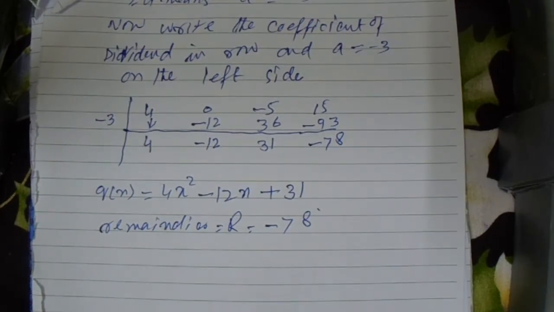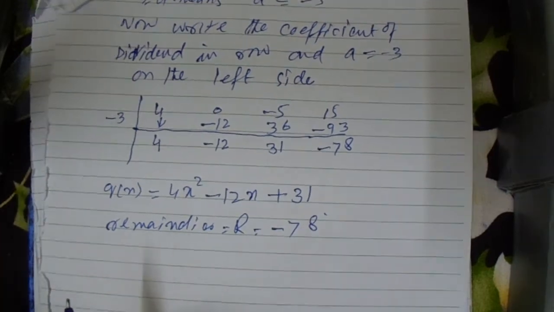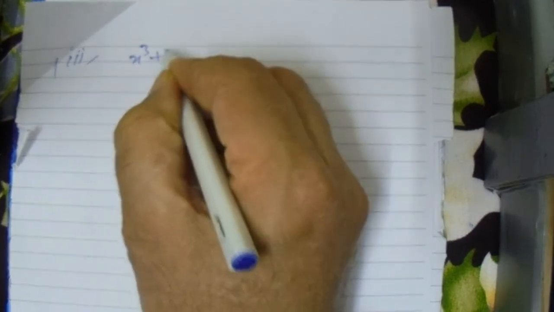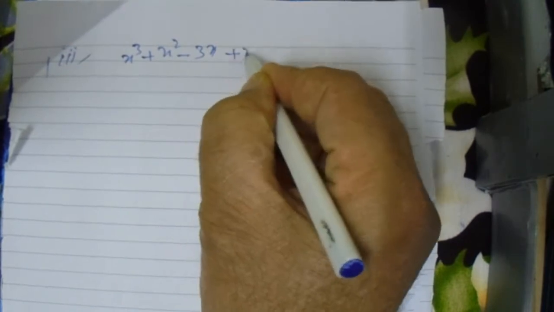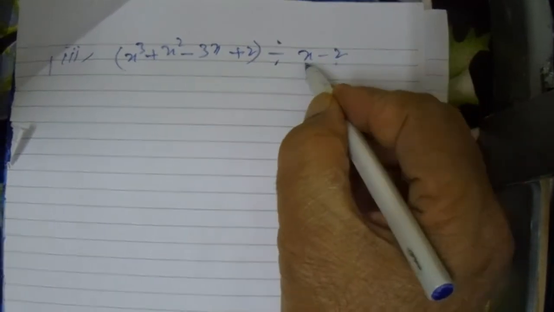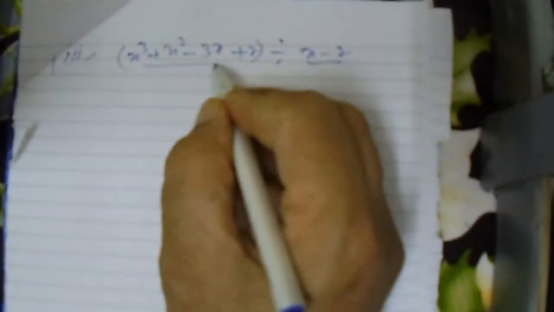Now we write the third part of the question. Third part is x3 plus x square minus 3x plus 2, divided by x minus 2. Now this is the divisor, this is the dividend.